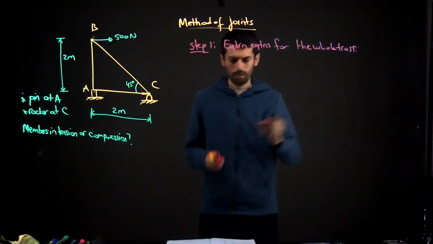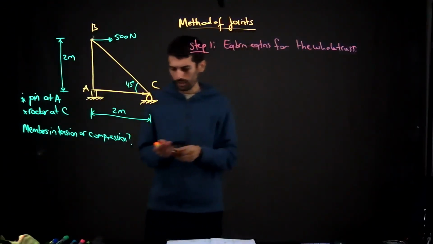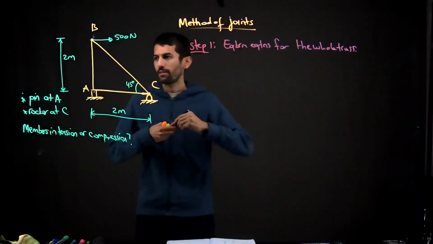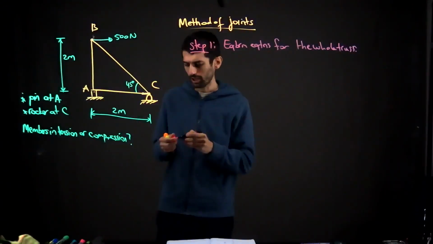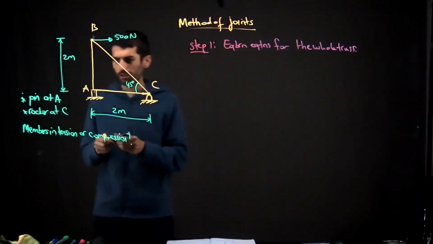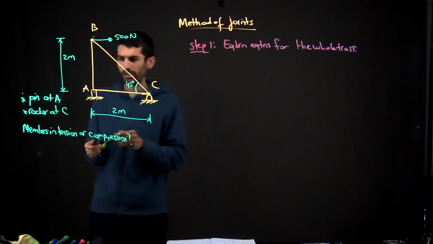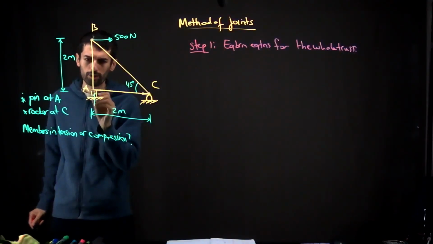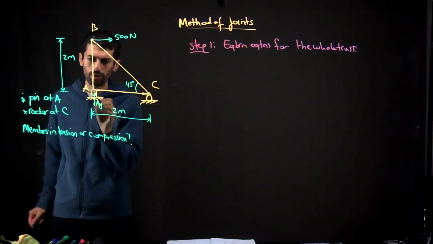Okay. And to write that one, I will write the reaction forces at A, and then I know that A is a pin, and a pin has a reaction force of AY, and then AX.